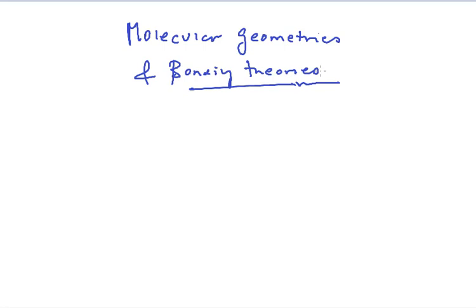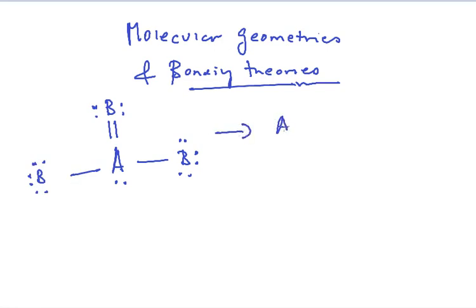In order to understand the shape of molecules, I first want to explain something called the electron domain. So, for example, if I have a central atom A, let's say I have a bond here to a neighboring atom B, and let's say I do a double bond here, and I have another B here, the molecular formula for this compound can be AB3.